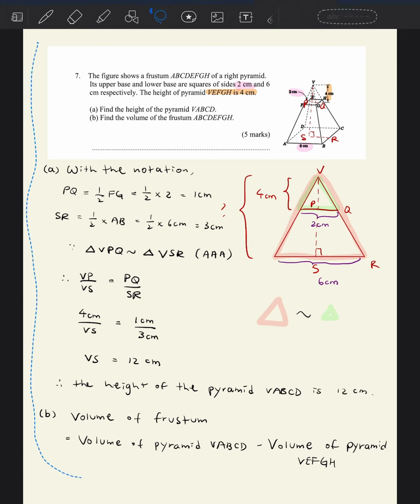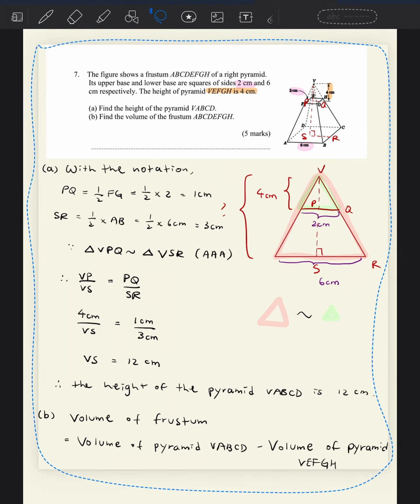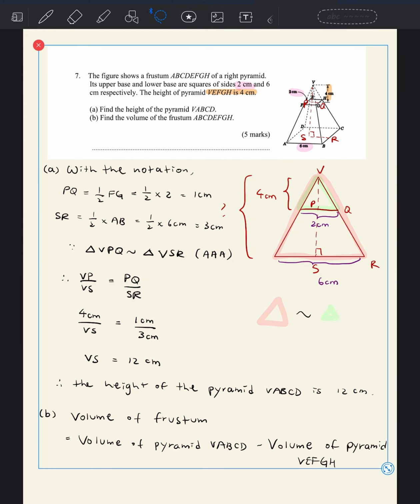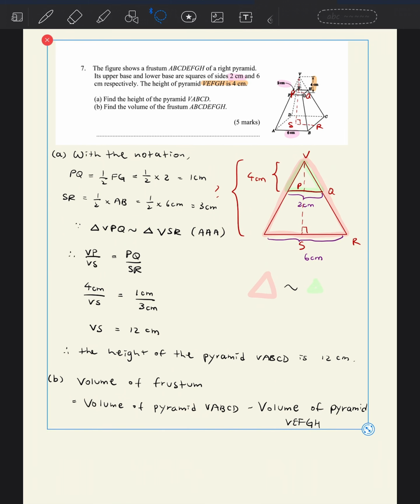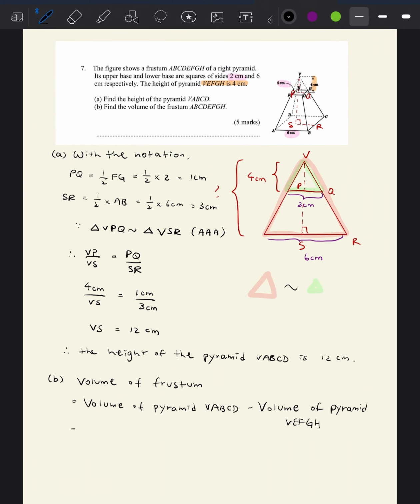Okay, so volume of the pyramid. What do we know about the volume of a pyramid? Volume of pyramid is the first volume we learn in this chapter. It is 1/3 times your base area.